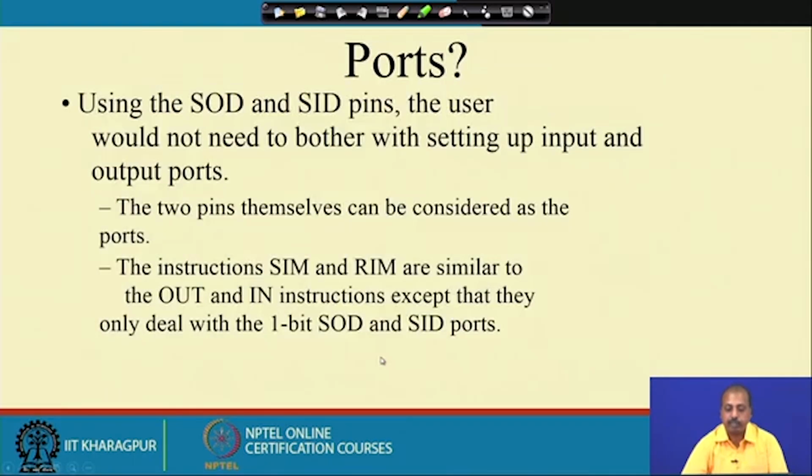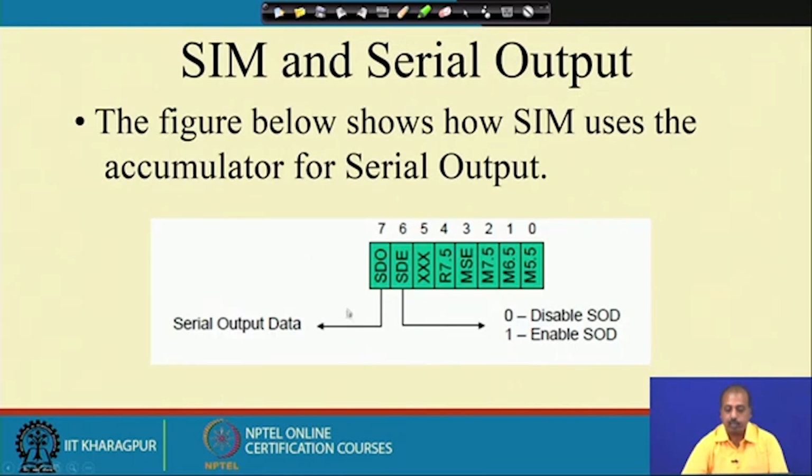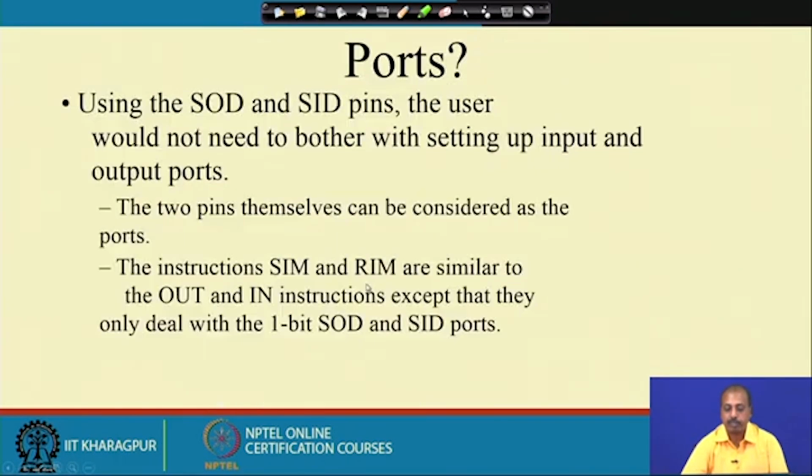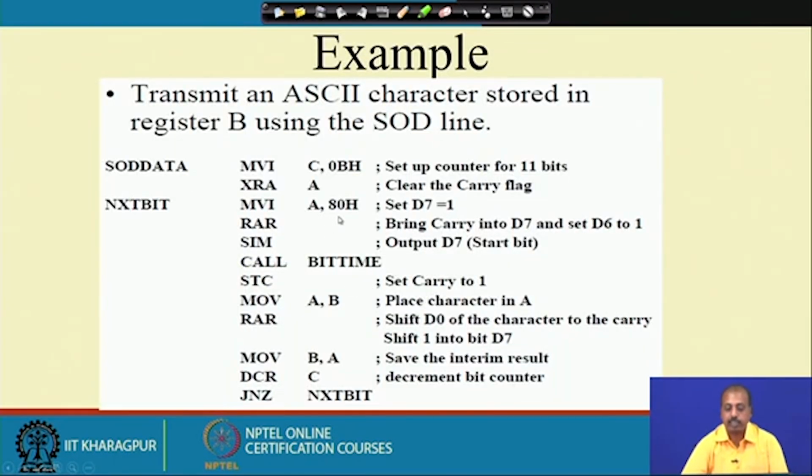So, if I just go back and see that SIM. For putting the start bit, this bit should be 0 because the start bit is 0, and this line should be 1. So, this is done by the first few instructions that we have discussed. So, here we do this RAR, rotate accumulator right.